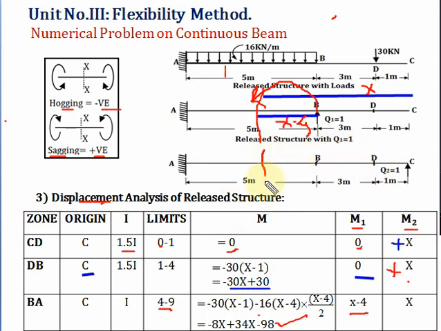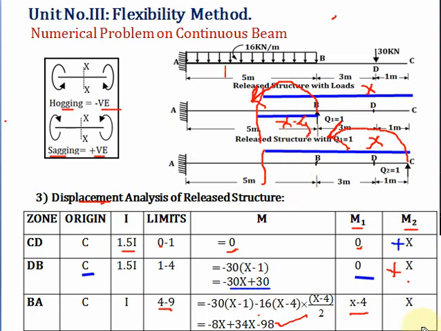Now we will consider the section in portion BA for the released structure with Q2 equal to 1. We are measuring x from C. The nature of bending moment will be sagging.